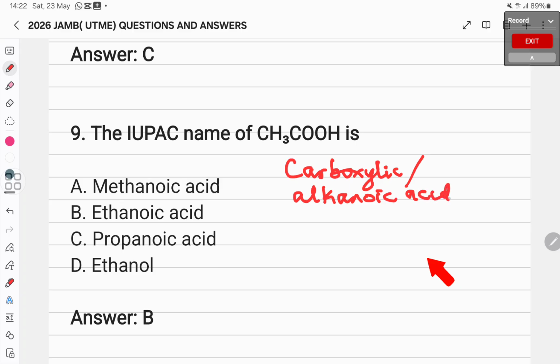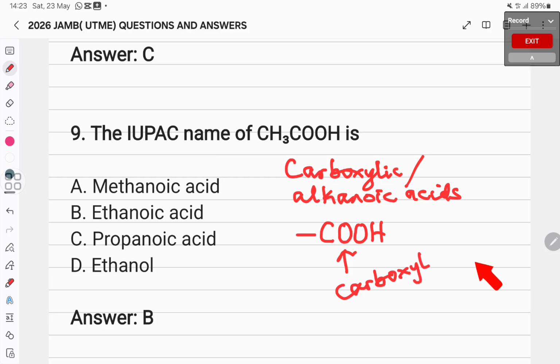That is the homologous series. And carboxylic acids are characterized or identified by the presence of this functional group. This is what we call the carboxy group or carboxylic group. The carboxyl group is a functional group that defines and describes carboxylic acids.